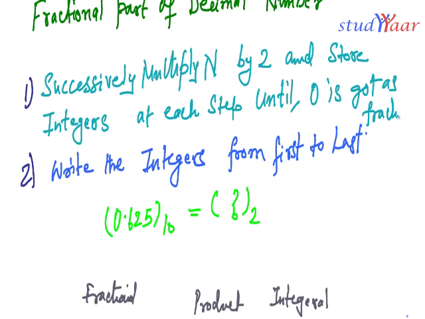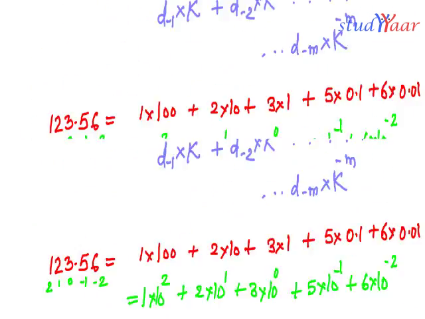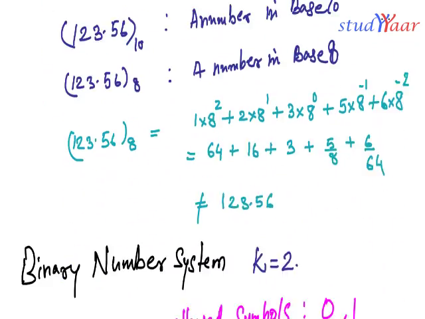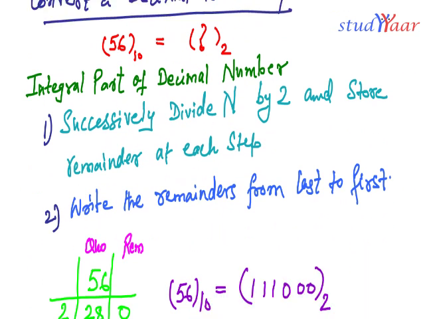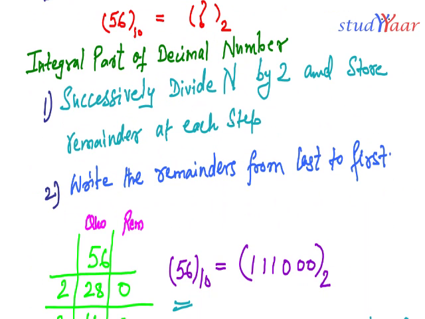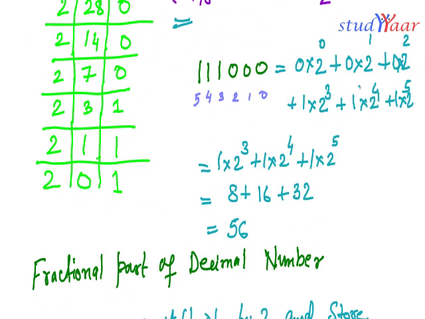And over here, when do we stop? Successively divide n by 2 and store remainder at each step until 0 is got as quotient. We have 0 as quotient over here, that's why we stopped.